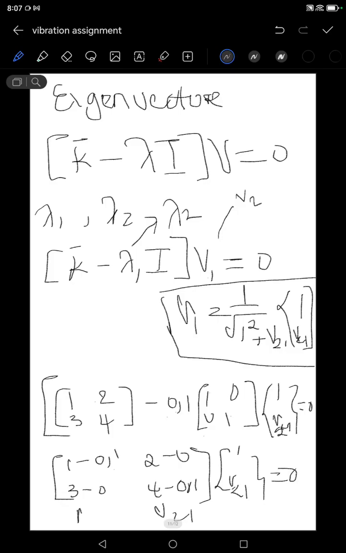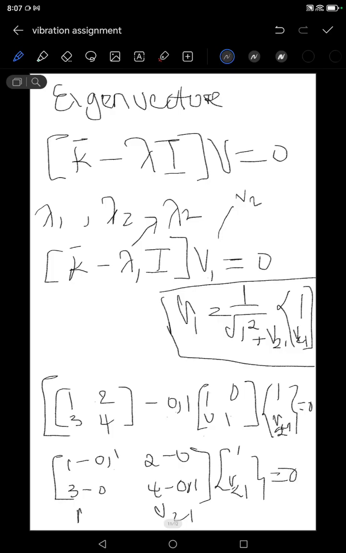On the formula we can now use different subscript numbers, so we can use V11. We have 1 over the square root of 1 squared plus V11 squared, into the vector 1, V11, and then you follow the steps that we did when we calculated V1. That's how we determine what we call the eigenvector.